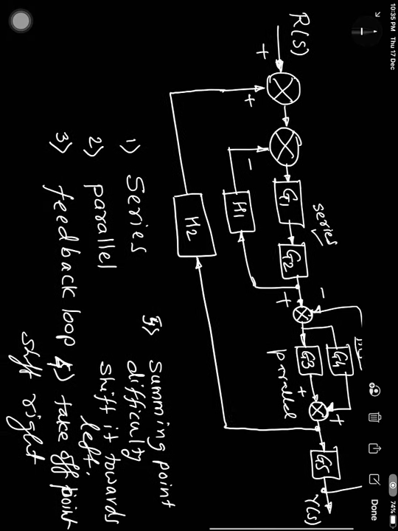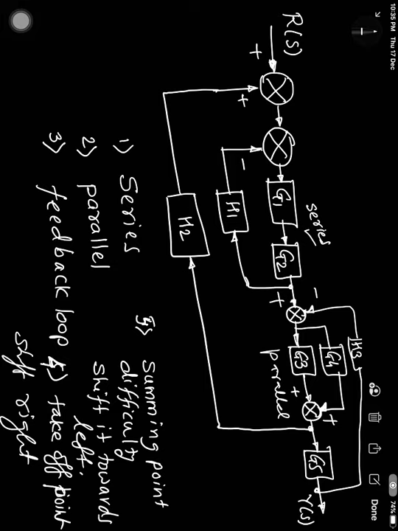G1 into G2, this block reduces to G1 G2, whereas this block G3 is plus, G4 is plus. If I sum it, then it will become G3 plus G4.